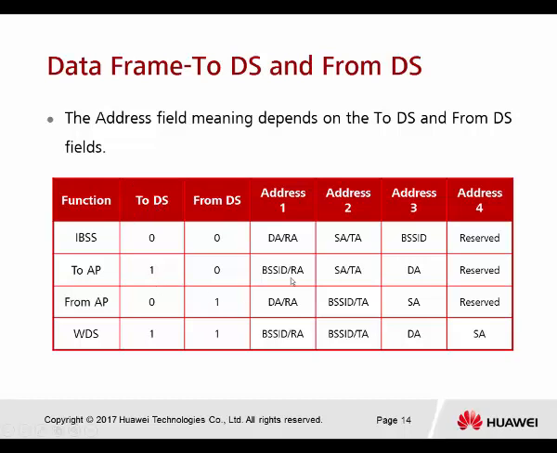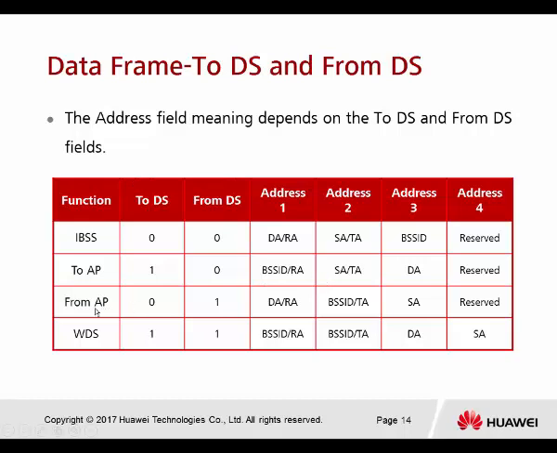It will show you the BSS ID, which AP I connected to. Then the source address, sent from which STA. And the address of your destination MAC address. Okay, because the AP becomes my agent already, so I need to use the AP to forward to the destination.